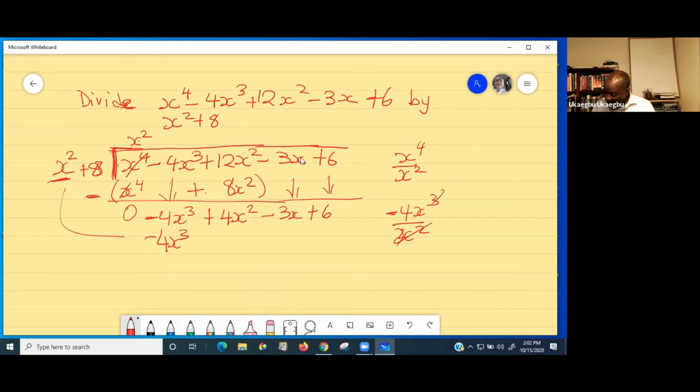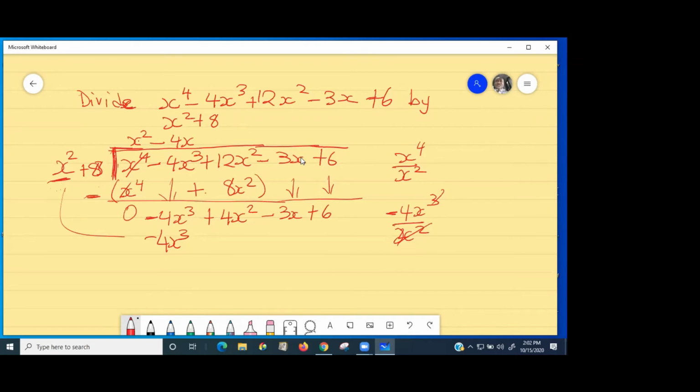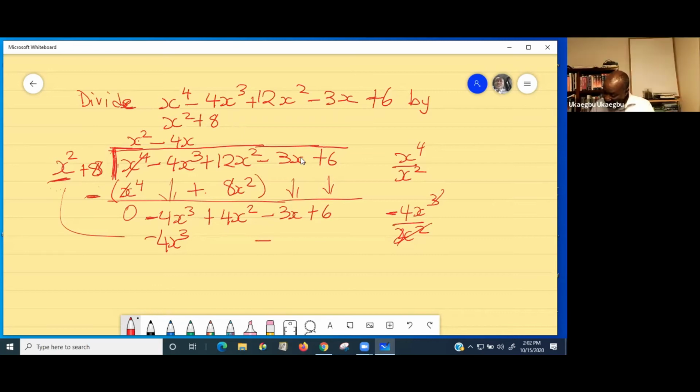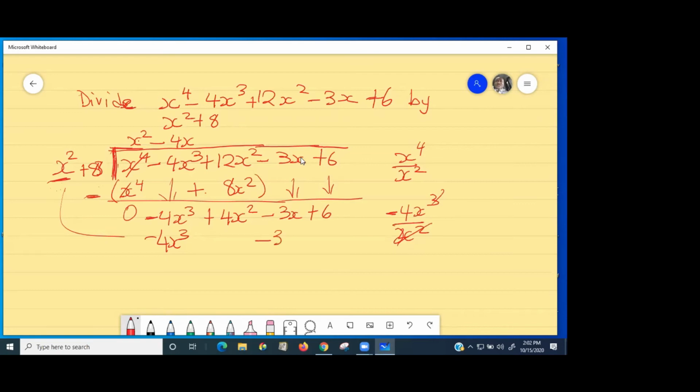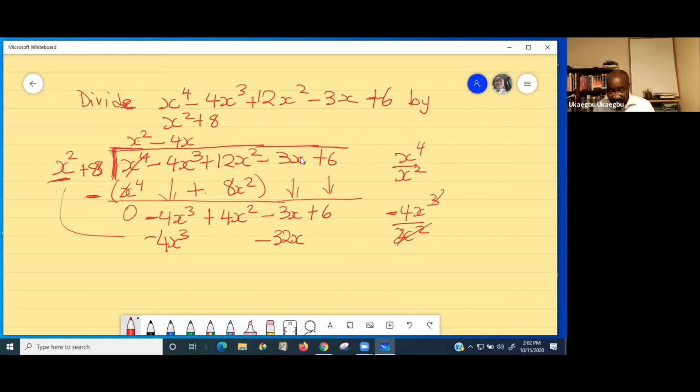And negative 4x multiplied by 8 is going to give us 32x. 4 times 8 should be 32. And it is still negative.